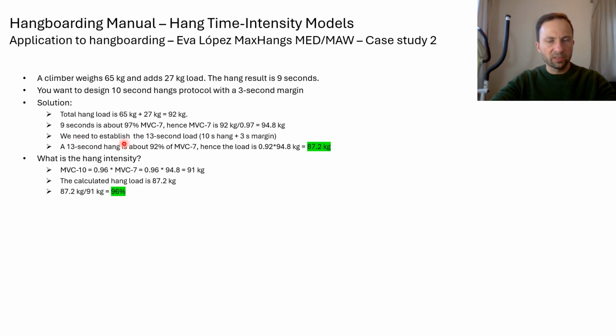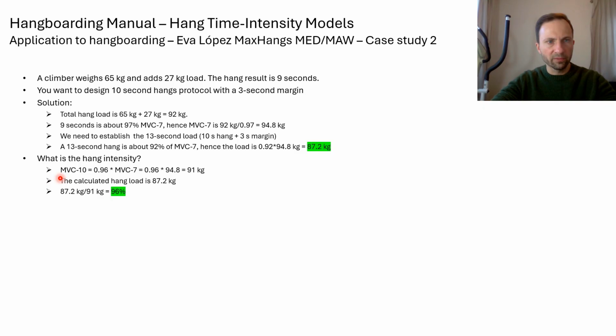Now we need to establish the 13-second load. That's a 10-second hang plus a 3-second margin. A 13-second hang is about 92% of MVC7, hence the load is 0.92 times 94.8 kilograms, so that's 87.2 kilograms. Now, what is our hang intensity?